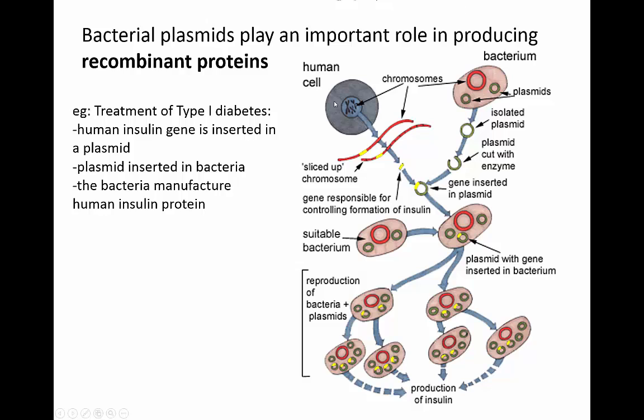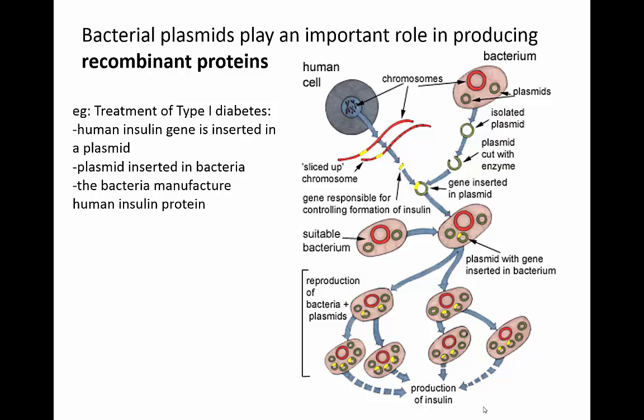So if we take out the human insulin gene from a human cell and insert that into a plasmid, so that little yellow piece is the human insulin gene, put it into a plasmid, then transform that plasmid into bacterial cells, you grow up a whole bunch of bacteria, and we can induce those bacteria to actually produce and secrete human insulin.